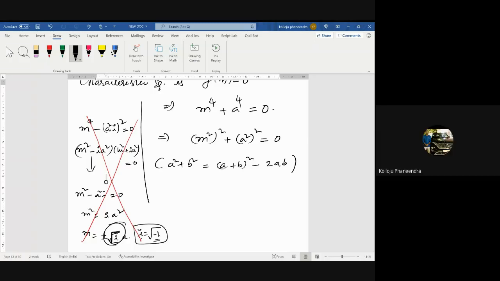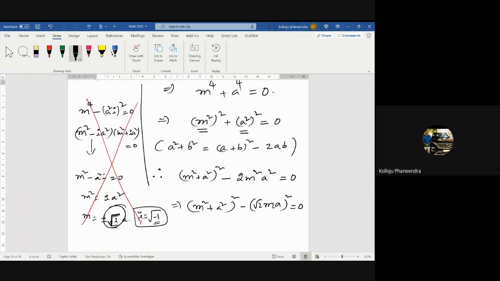Yes, sir. So using this one, what I can write is (m square plus a square) whole square minus 2ab. A value is what? M square. B value is what? A square. So 2m square a square equal to 0. Now what I can do here, m square plus a square whole square, minus root 2ma, I will write it as whole square.